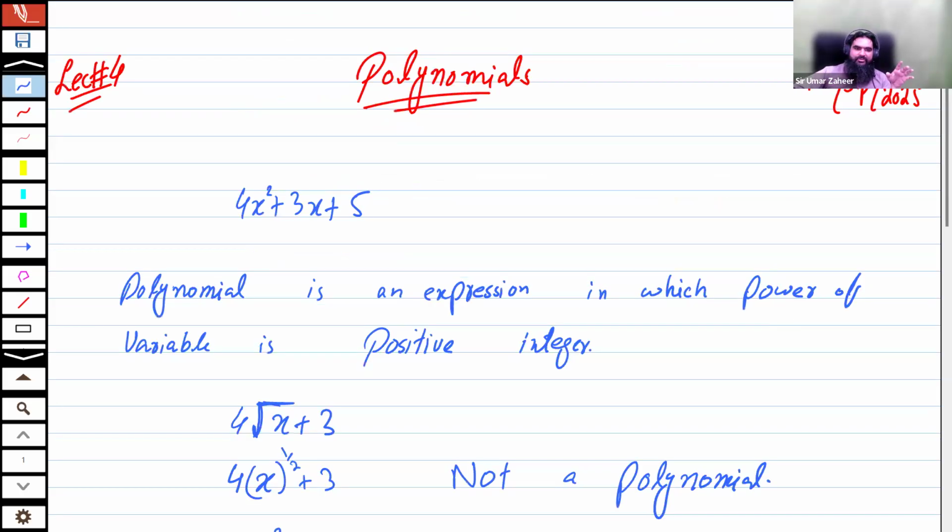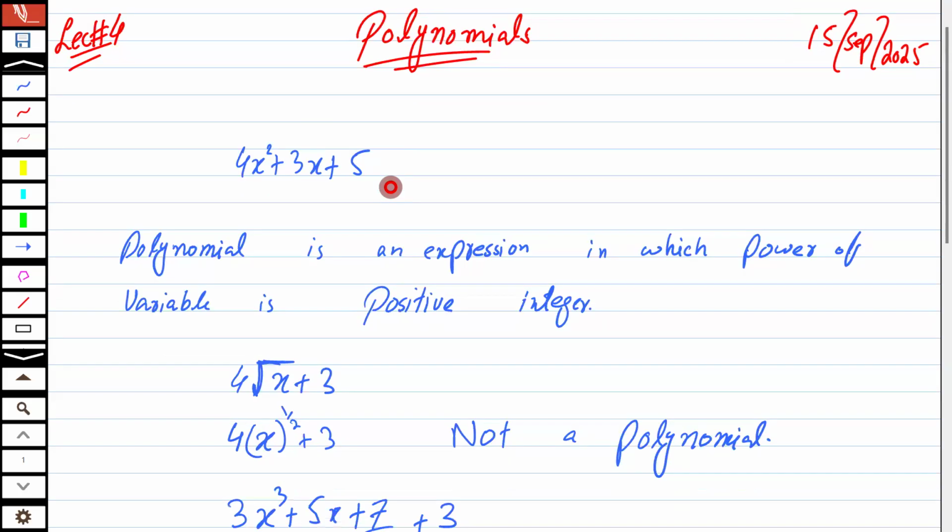Does anyone have a question about what is meant by polynomials? Yes, Emil. I wanted to ask, if it's a polynomial, does it mean the power can be more than three, or more than five?